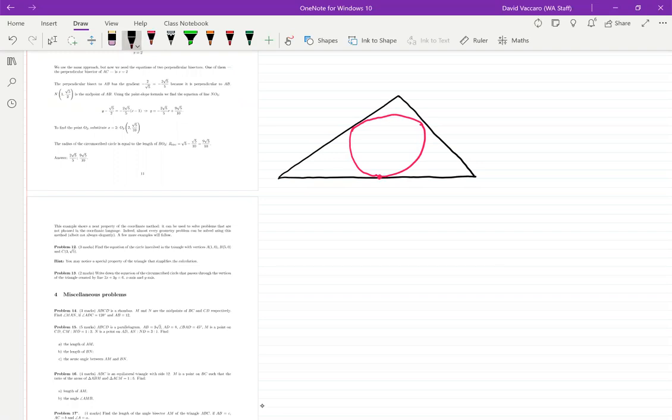And I'm going to label some points. I'm going to put A, B, C, and I'm going to call the 3 points of intersection P, Q, R. And so my first question is to find AP, BQ, and CR.